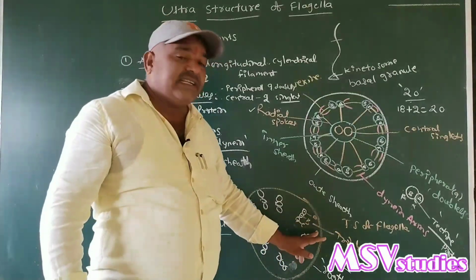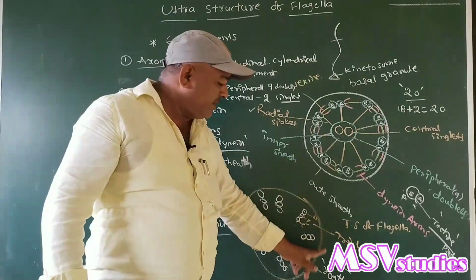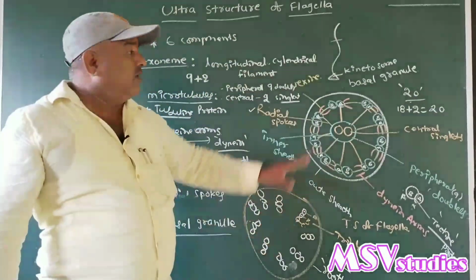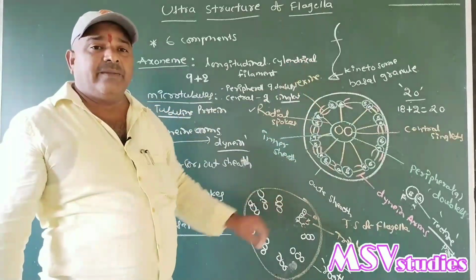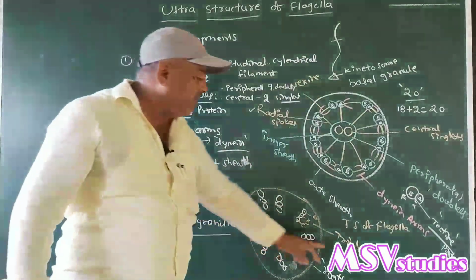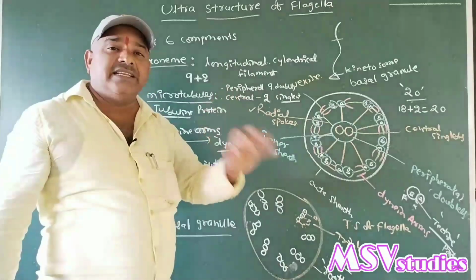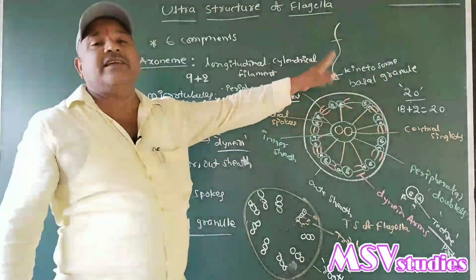The triplets connect with the plasma membrane by the rootlets. At the basal granular area, the total number of microtubules is 27, that is 3 times 9. The central singlets are absent at the basal granulae area.